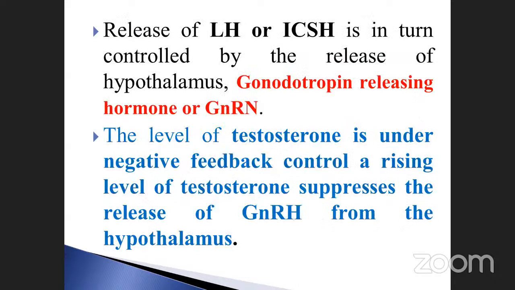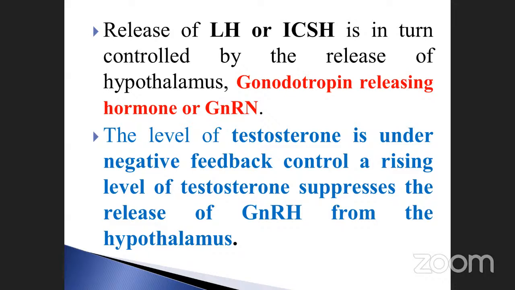Okay, then what will happen? The release of LH and or ICSH is in turn controlled by the release of the hypothalamic gonadotropin releasing hormone, or GnRH. Here, what happened? After the production of LH and ICSH, they act upon the hypothalamus and also control the production of gonadotropin releasing hormone, otherwise called GnRH.